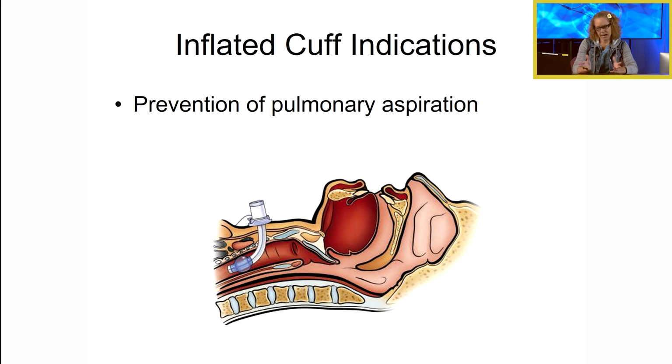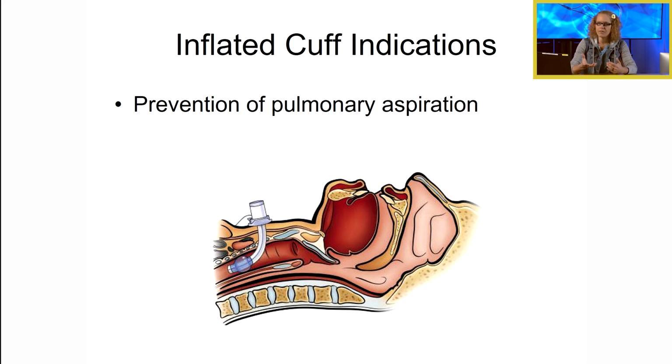So again, I mentioned an inflated cuff indication would be to prevent pulmonary aspiration, right? So when a patient does not have pulmonary toilet, meaning that they are unconscious and don't have a cough reflex, what we don't want to happen is to get an aspiration of secretions that could be coming from their esophagus, coming from the lungs.